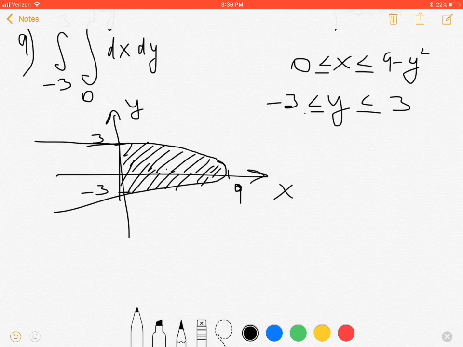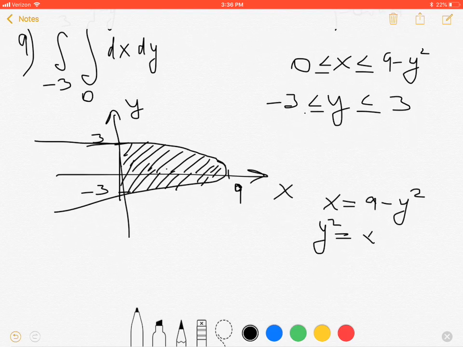Okay. How can you write it as a differential in a different order? Let's go: x equals 9 minus y squared. It means y squared equals 9 minus x, not x minus 9.